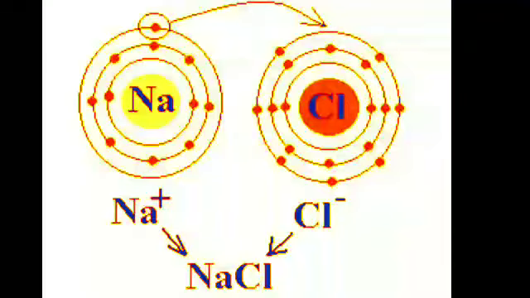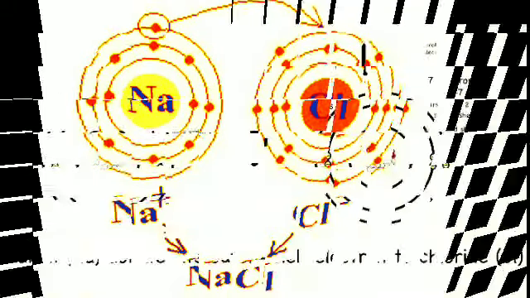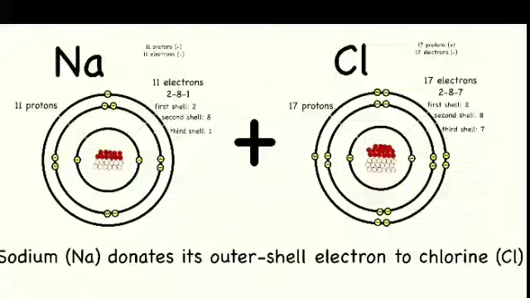Now see here, the electronic configuration of NaCl is given. Now see here, the electronic configuration of the sodium atom and the chlorine atom is given. The electronic configuration of sodium is 2, 8, 1 and of chlorine is 2, 8, 7.